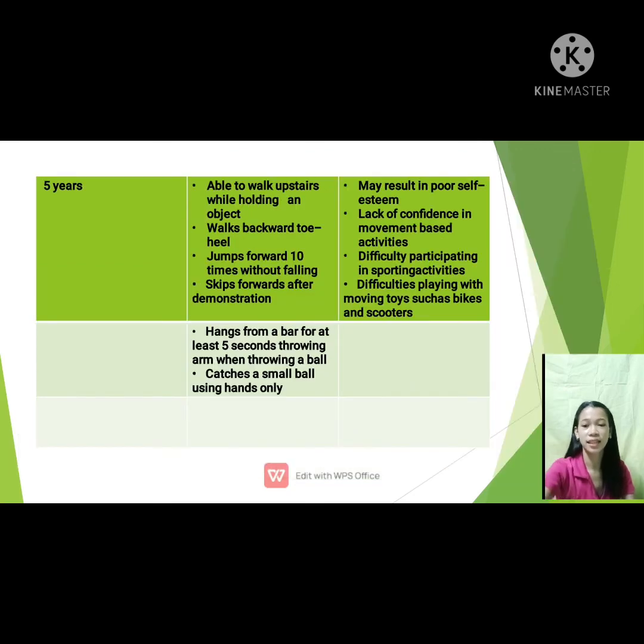Next, and I think it is second to the last, 5 years old: able to walk upstairs while holding an object, walks backward heel to toe, jumps forwards 10 times without falling, skips forwards after demonstration, and many more. The other side is that it may result in poor self-esteem.